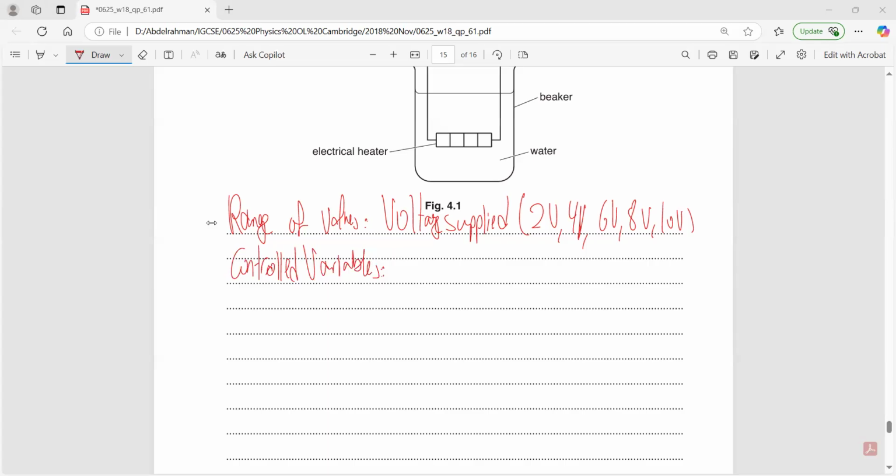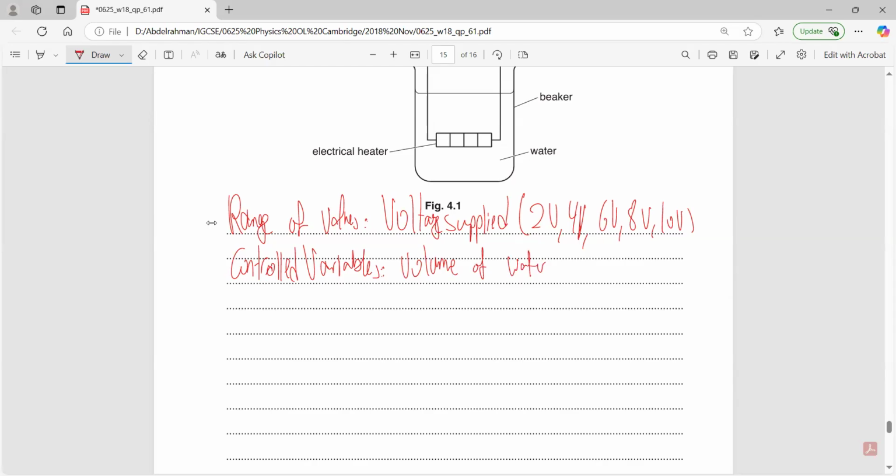What else? We could say the initial temperature of the water, the final temperature of the water, the room temperature. These are all constants. You need to write down the volume of the water, thickness of the wire.